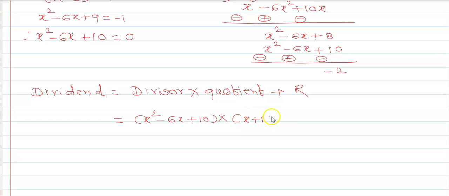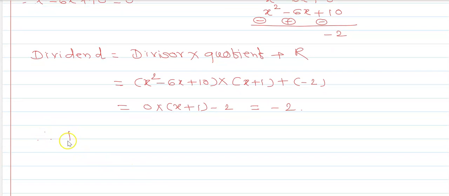Remainder, that is minus 2. And what is the value of x square minus 6x plus 10? It is 0. That is 0 into x plus 1 minus 2, and overall you are getting minus 2, and hence therefore the value of polynomial is minus 2.